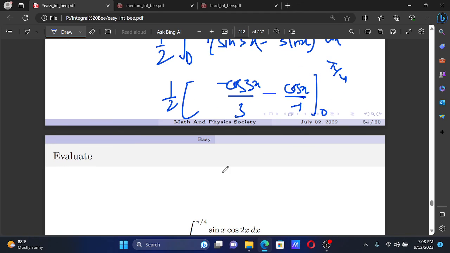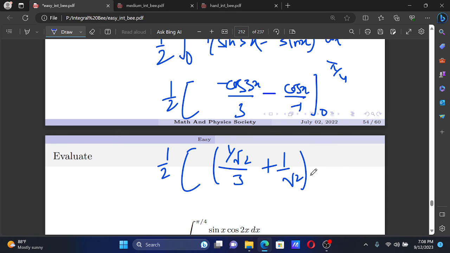Yeah. Now for evaluating this one, cos 3 pi by 4 is just minus 1 by root 2, but the negative sign makes it 1 by root 2. So 1 by root 2 by 3 minus, this will be a plus of 1 by root 2.